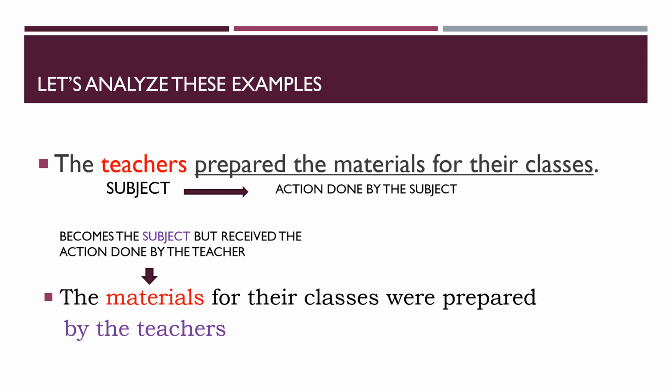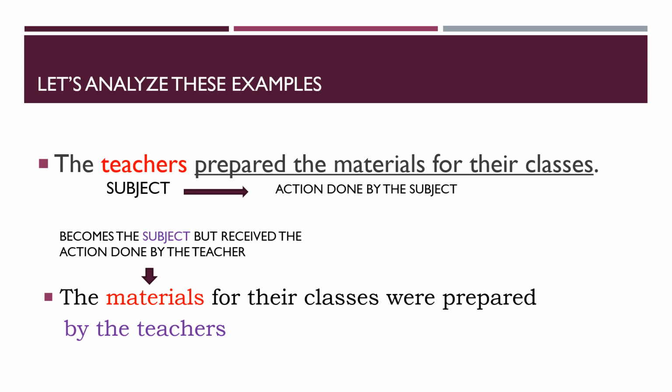So look at this example, class. Kung titingnan natin kanina, kung tatagalogin natin, ang mga guro ay gumawa ng mga materyales para sa kanilang klase. Sa pangalawang pangungusap, naging ang mga materyales para sa kanilang klase ay ginawa ng mga guro. So kanina, ang ating subject or simuno ay teachers.